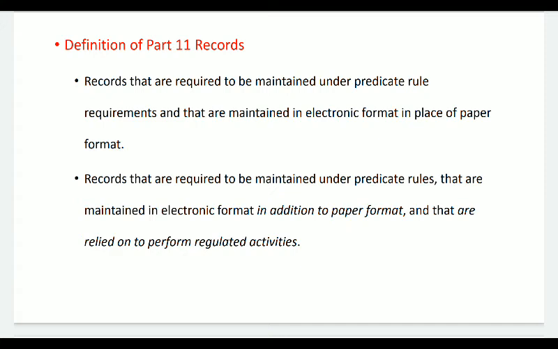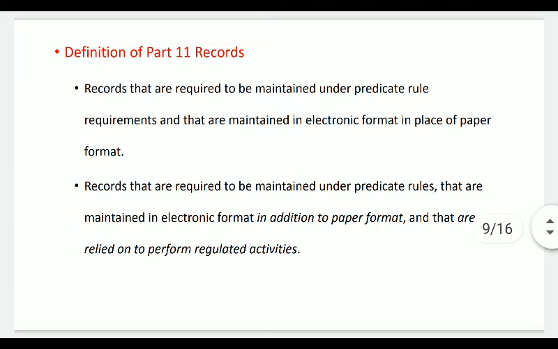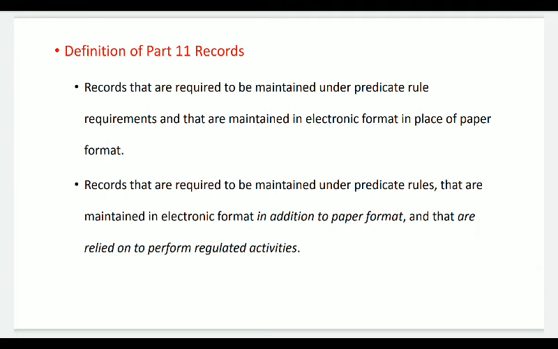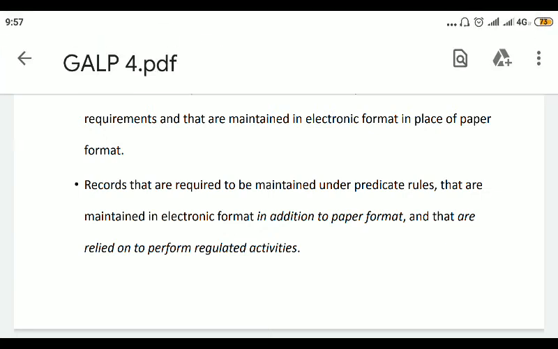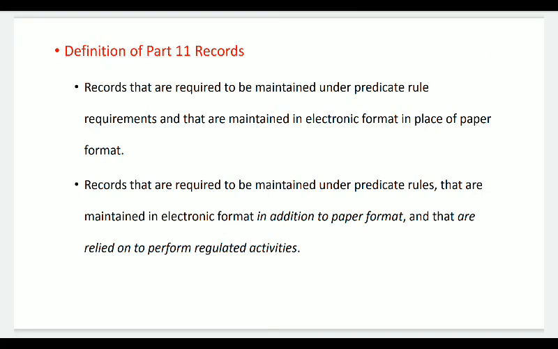So specific instructions have been given to the people working in the laboratory about what kind of data should be stored in electronic format and what kind of data should be stored as a physical copy. Any data which is prepared, stored or maintained in electronic form is considered Part 11 data.